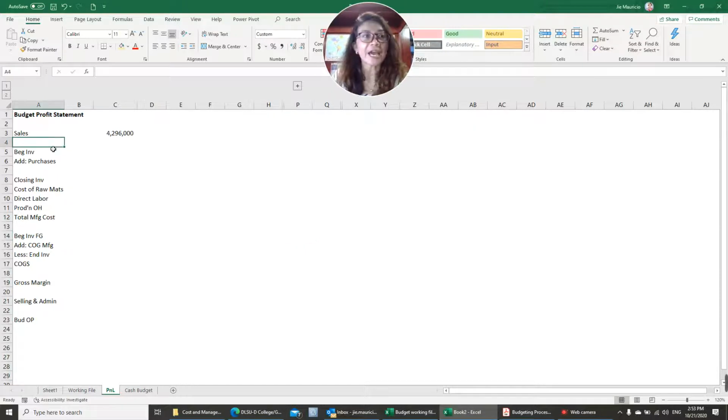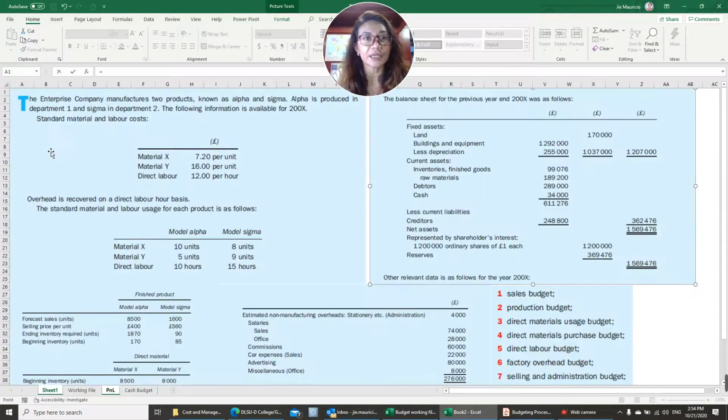Now, the next thing is another one that is given. Of course, we have to indicate what our beginning inventory will be, in terms of the direct materials and in terms of finished goods. I believe there is an amount of beginning inventory indicated in the given.